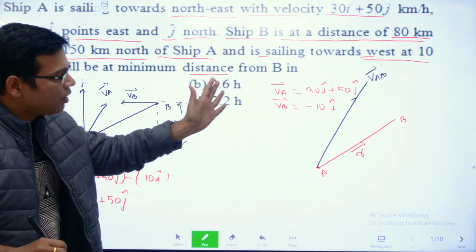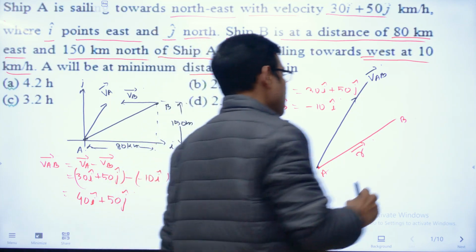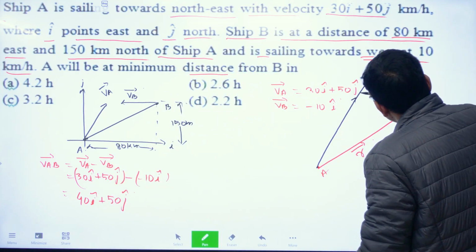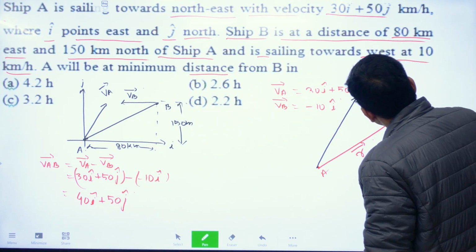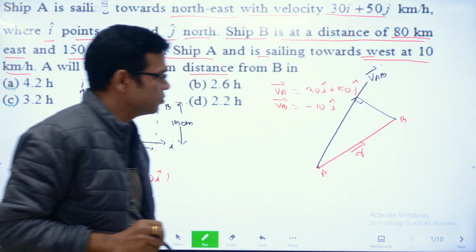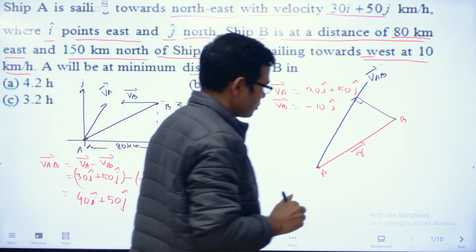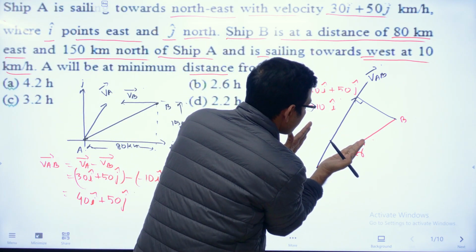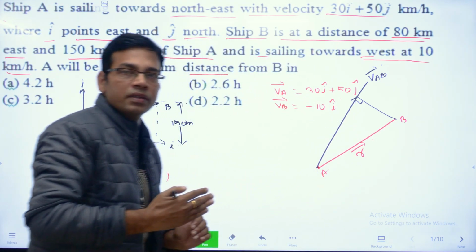So when will A be at the shortest distance from B? From B we will drop a perpendicular on the direction of V_AB. Now what is the projection of R along the direction of V_AB?